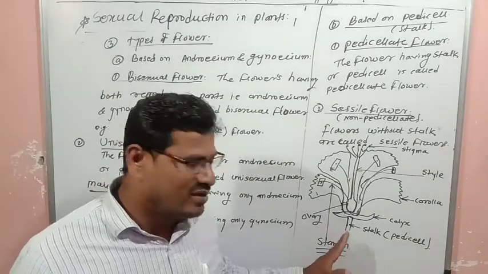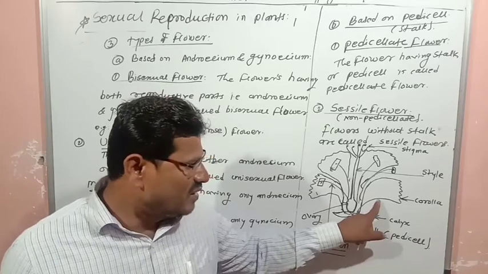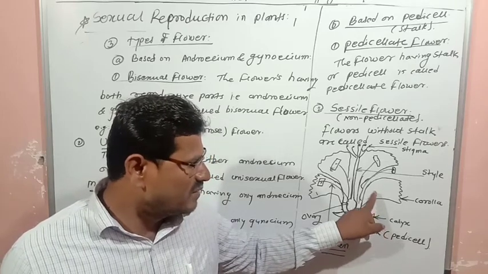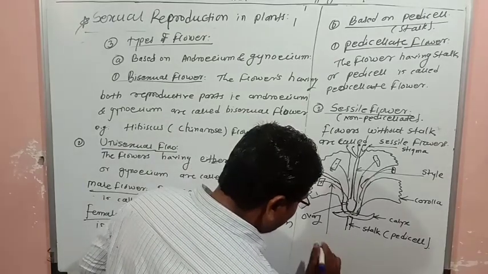So in this, the outermost whorl is the calyx, then the corolla, then here the androecium, stamen, you can say androecium.